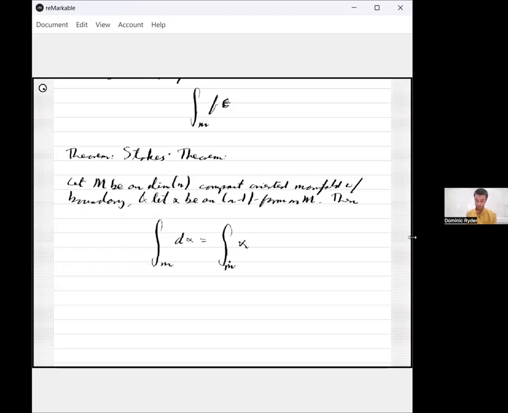And d is exterior derivative. So this is how Stokes' theorem looks on differential manifolds. And with that quite definitional preliminary out of the way, we can get to a bit more physics, conserved integrals.